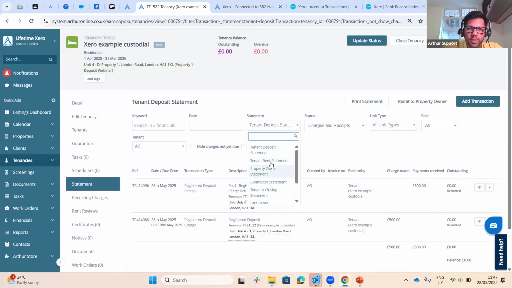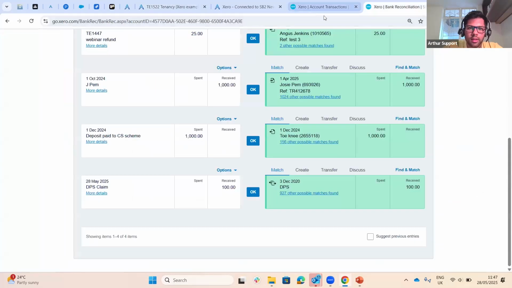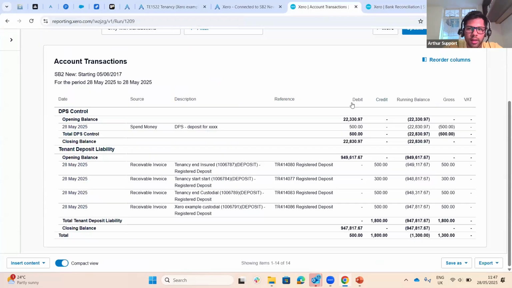So what that will do is it will sync to Xero and it would debit the tenant deposit liability. So that's the registered deposit charge, £500 credit. That will sync into this tenant deposit liability and create a debit. So this control account for that tenancy balances down to zero.